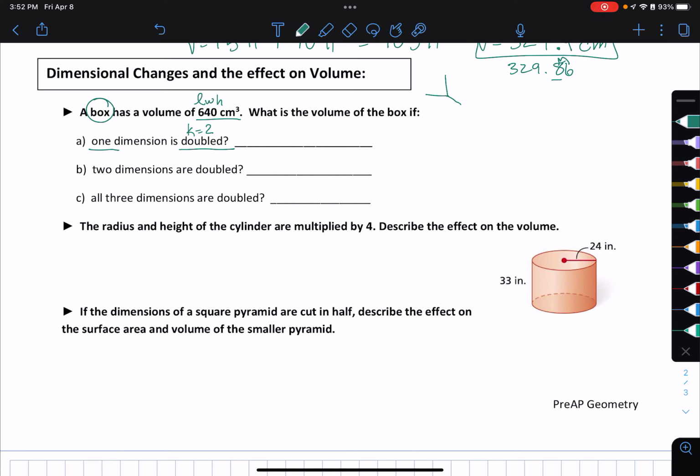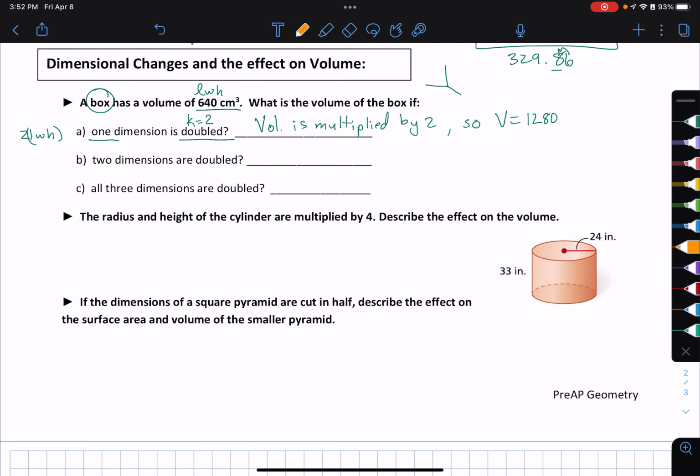If I multiply one of those by 2, I'm multiplying that whole volume by 2. So I would just say volume is multiplied by 2. So the volume is 2 times 640, which is 1,280.